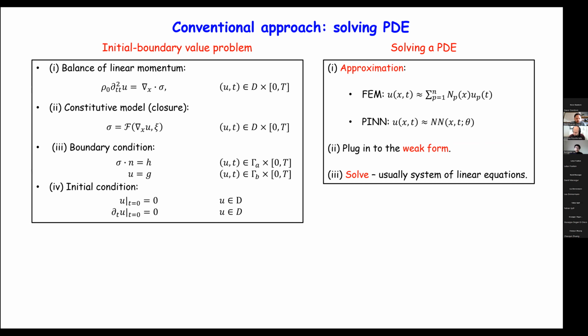And after we have this approximation scheme, we plug it in the weak formulations, and then we can solve a system of linear equations to find the unknown parameters, and then we basically solve the partial differential equation.